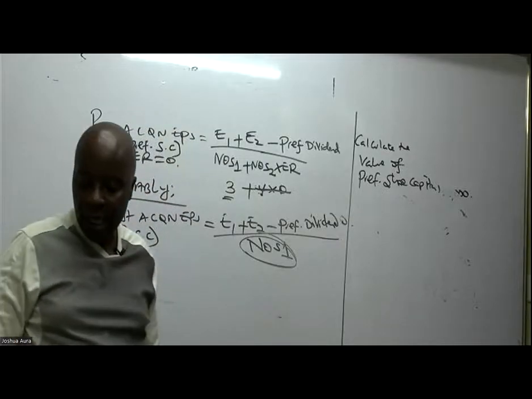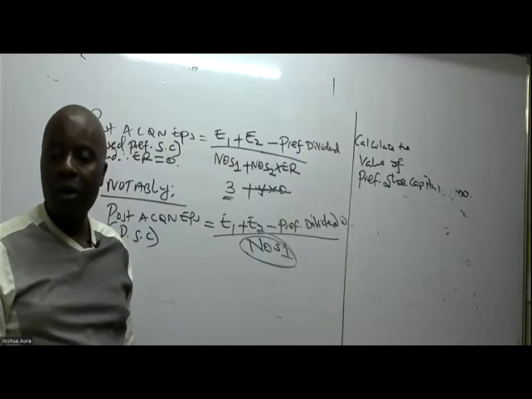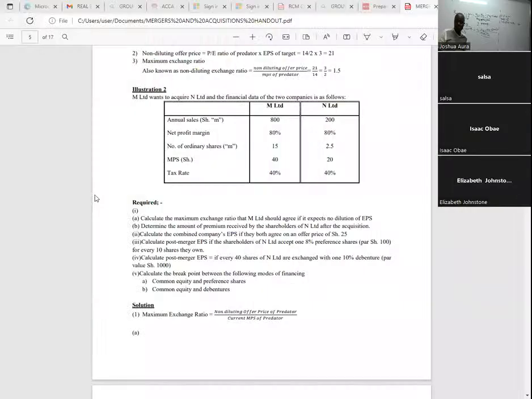So the preference share capital value basically depends on the number of shares that I issued. Like here they have told me, we issue 1 preference share for every 10 shares they own.